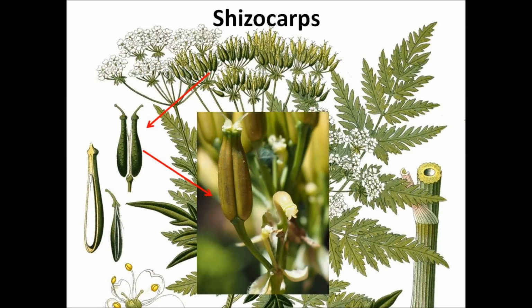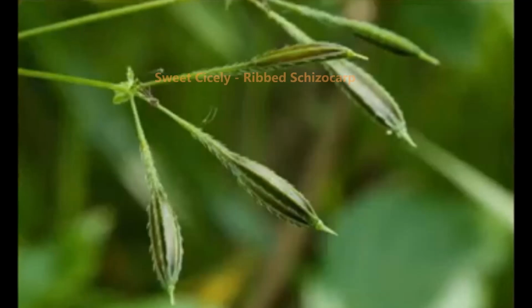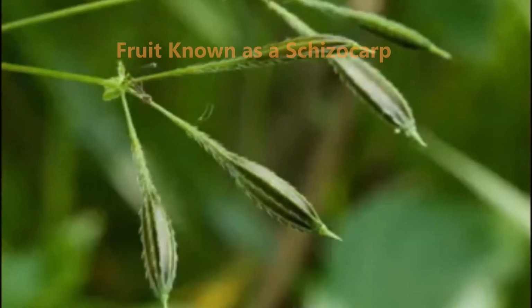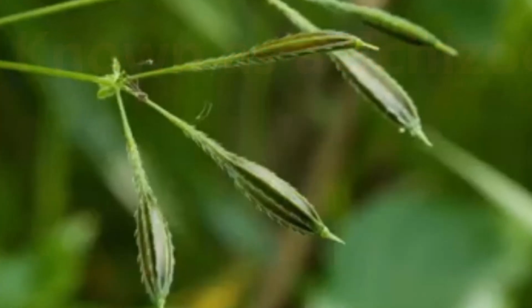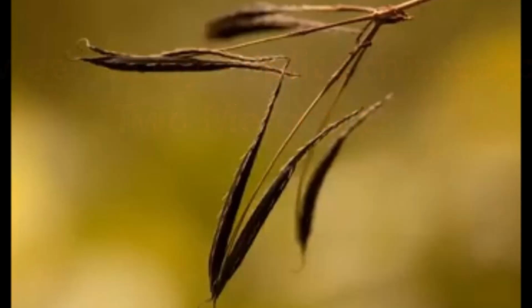Turning now to the defining characteristics of the fruit and seed of the Apiaceae, which is sometimes required for keying. The dried fruit of a member of the family Apiaceae is known as a schizocarp, and the schizocarp will split into two halves known as merocarps, each containing one seed.